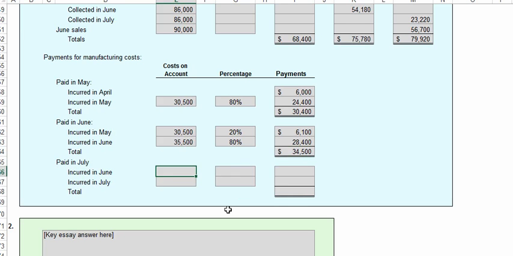All right, cost incurred in June was the 39,000 minus the 3,500, or 35,500, 20% of which would be paid in the month of July.